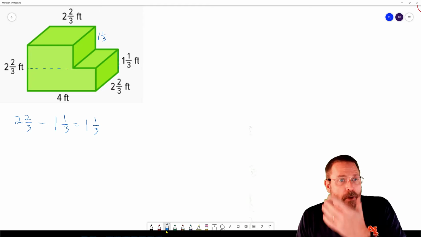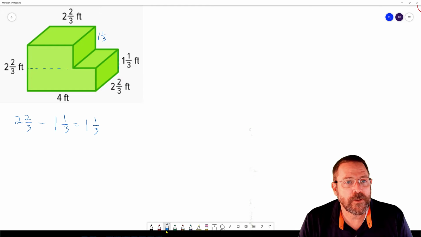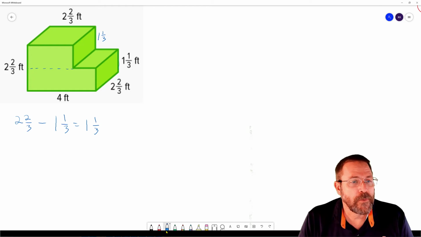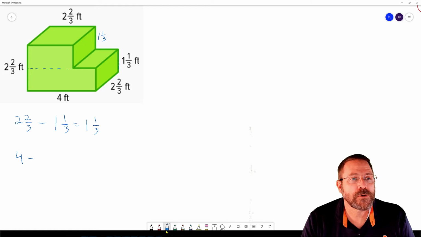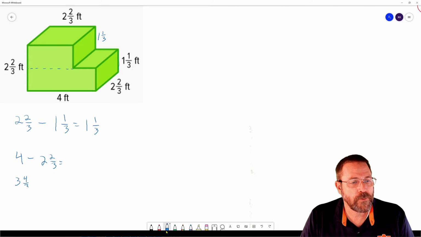I also need to know what this length is right here. I know that the entire length across here is 4, and I'm going to subtract from that this 2 2/3 that's right here. I can change that to be 3 3/3 minus 2 2/3.